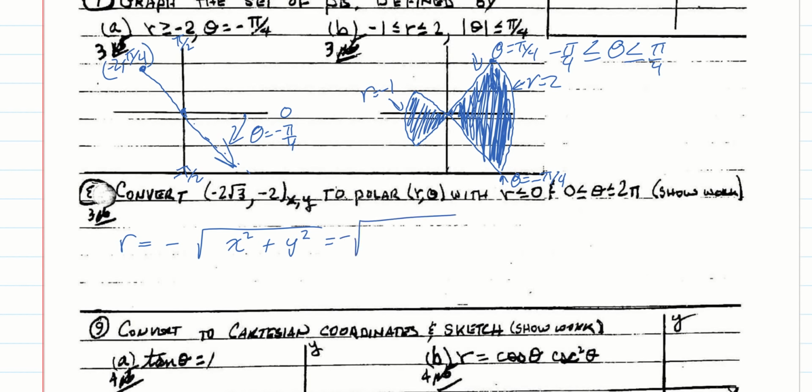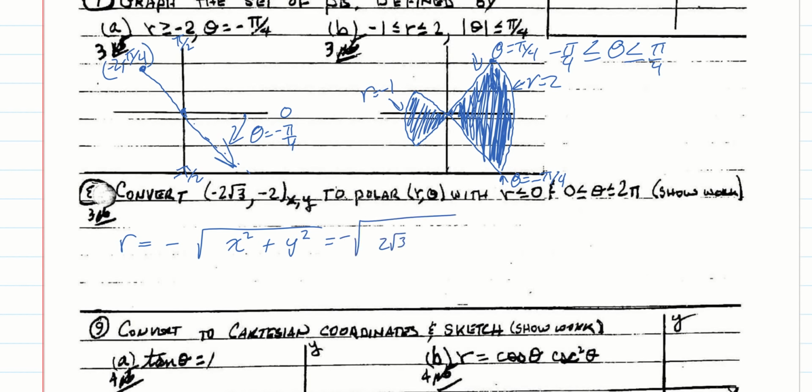That's negative square root of 2 square root 3 squared plus -2 squared, which equals 12 plus 4, 16. Square root of 16 is 4, but it'll be -4, because we're taking the negative root since we want a negative radius.